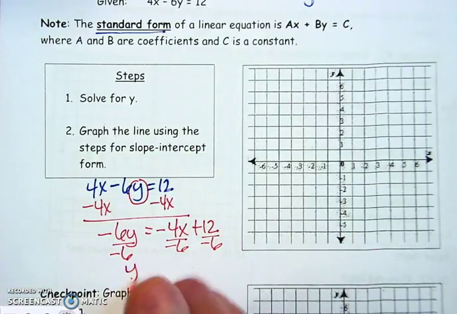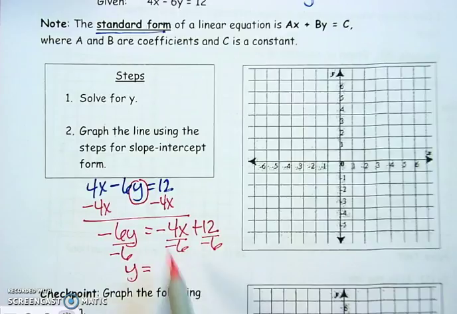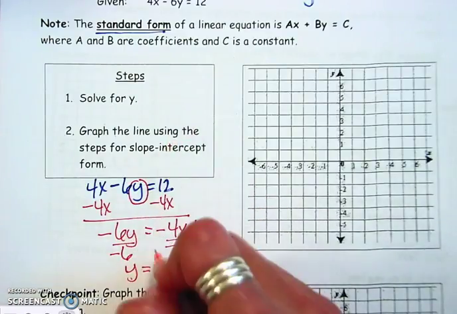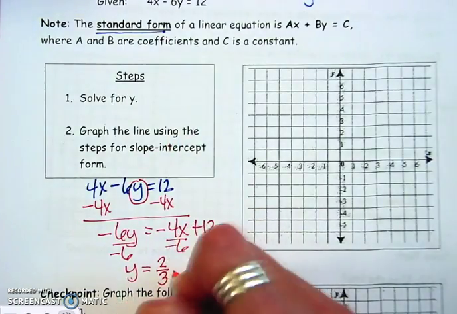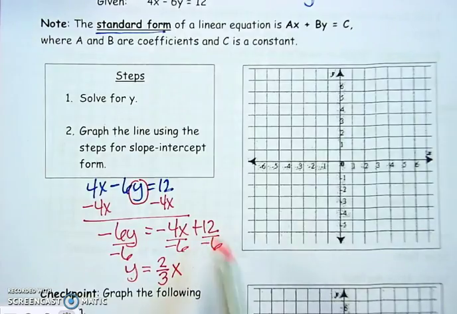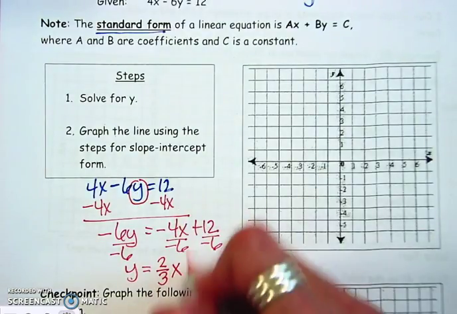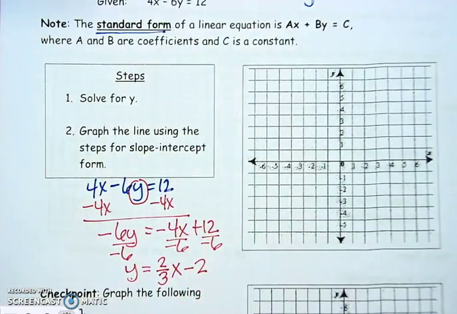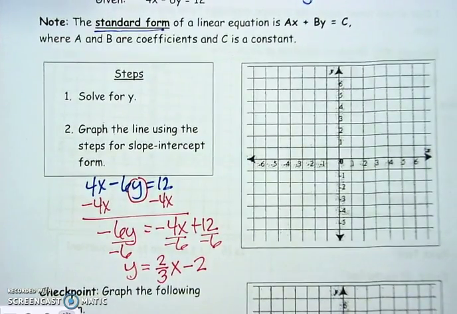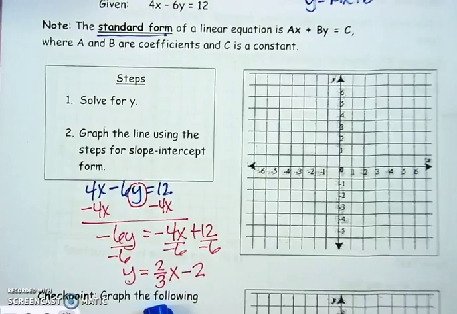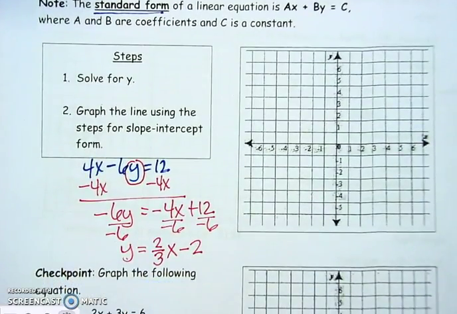So therefore, y is going to be equal to, because I have a negative over a negative, I know that my slope is going to be positive, and I want to reduce it. So I get 2 over 3x, and 12 divided by a negative 6 is going to give me a negative 2.